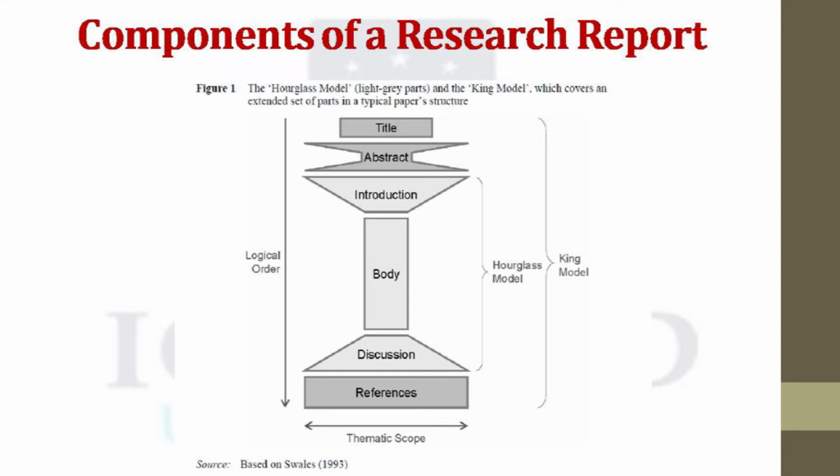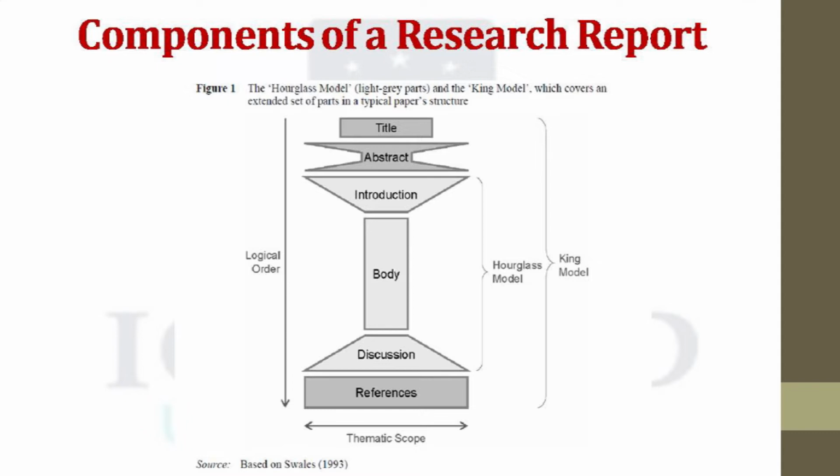However, if you look at the light gray part, that represents the hourglass shape. So that is called the hourglass model, which takes into account the introduction part, body part, and the discussion part. And if we want to write the complete paper, then that should have title, abstract, and references too.